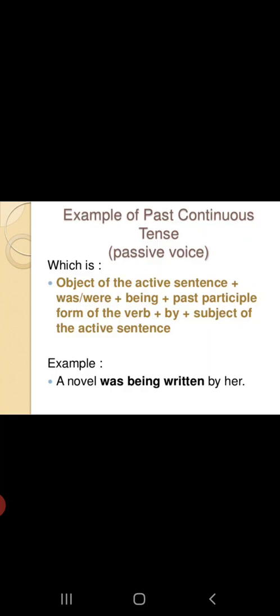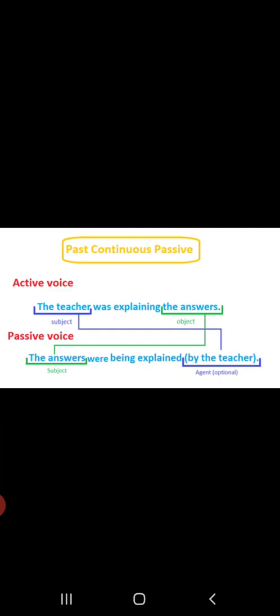As you can see in this example, a novel was being written by her. Have a look at another example, so things will be more clear to you. Guys, the only change is that in past continuous we have added being after the auxiliary verb. The rest of the rule will be the same.